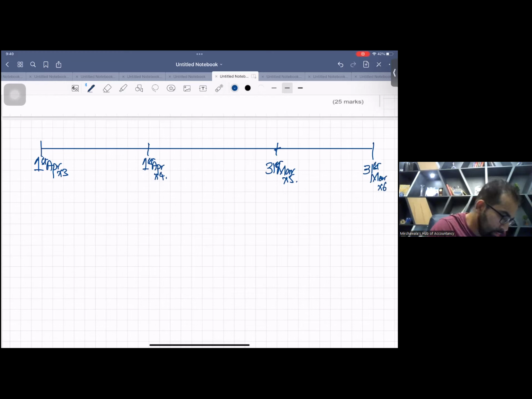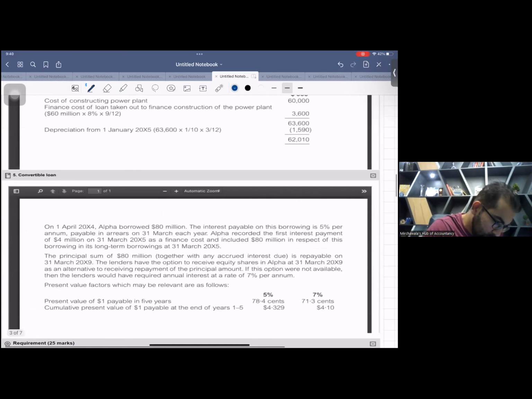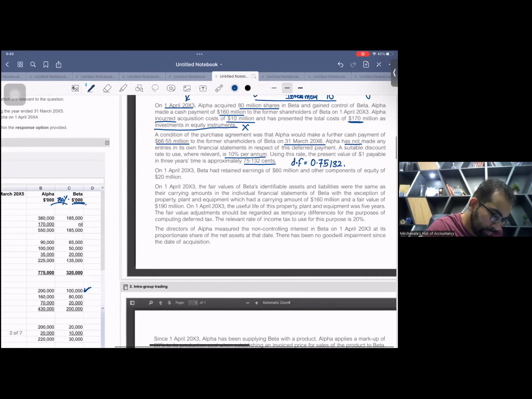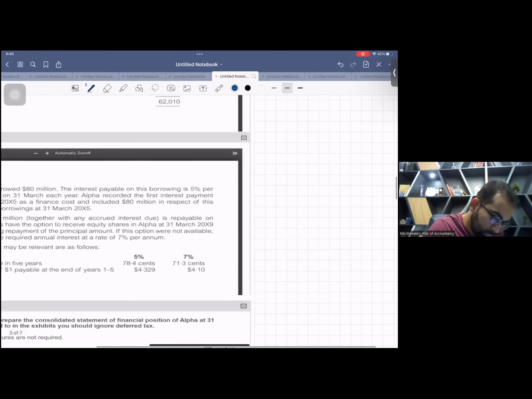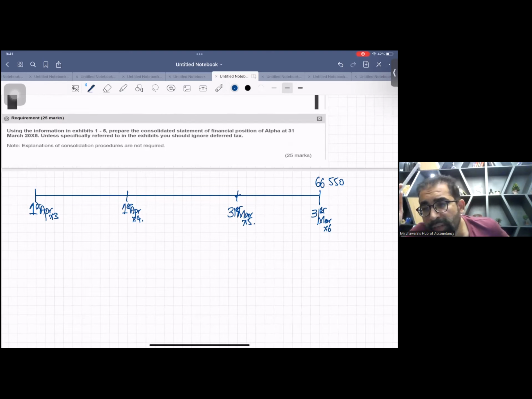And I think we have to pay 66.55. What I'm doing is this 66550. It's originally 66.55 million, but the original SOFP in the question is not in millions, it's in thousands.